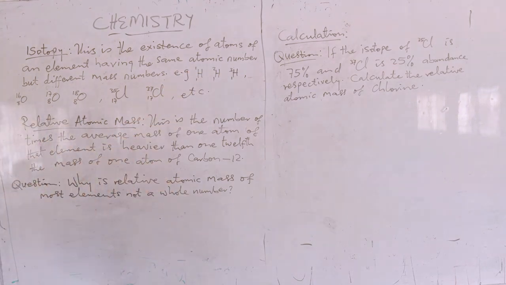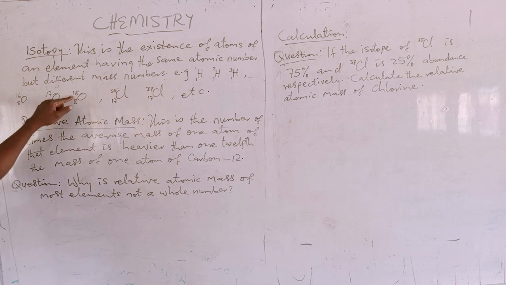That's for one element: the existence of atoms of the same element with the same atomic number but different mass numbers. That can also be seen in oxygen. Oxygen has atomic number 8, but mass numbers 16, 17, and 18.